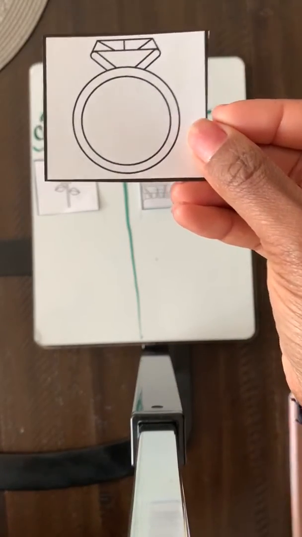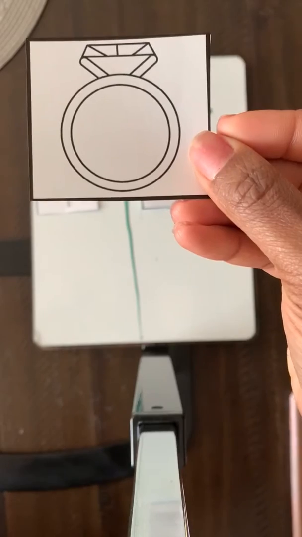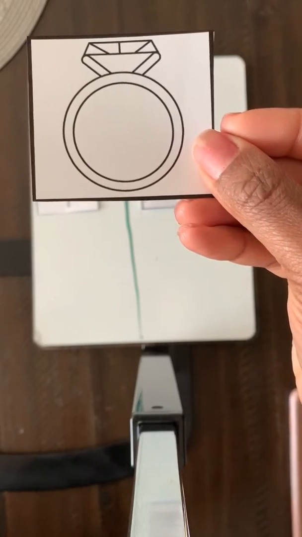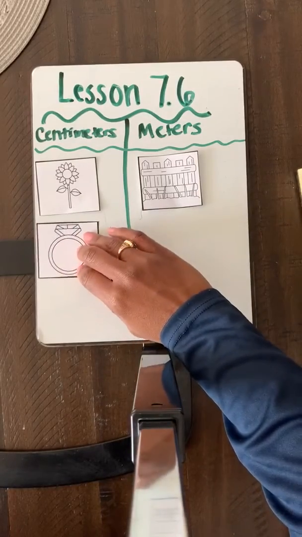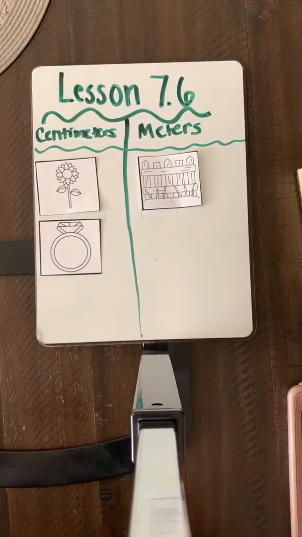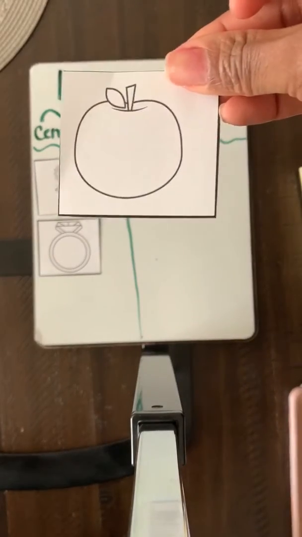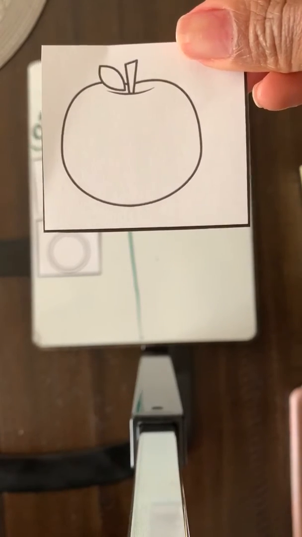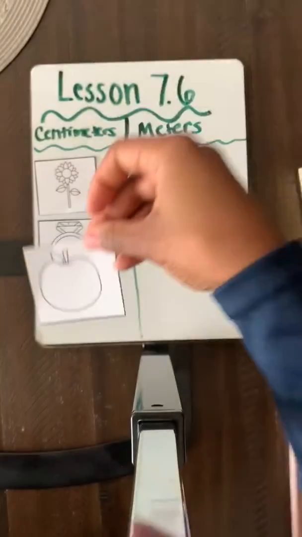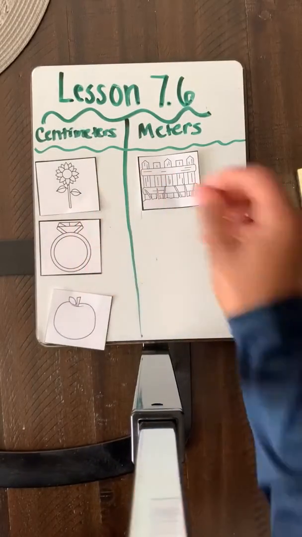Would a ring be measured in centimeters or meters? You guessed centimeters. You are correct. How about an apple? Would you measure an apple with centimeters or meters? If you guessed centimeters, you're correct again.